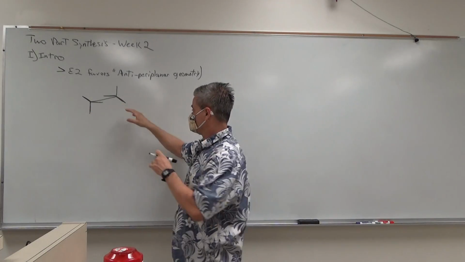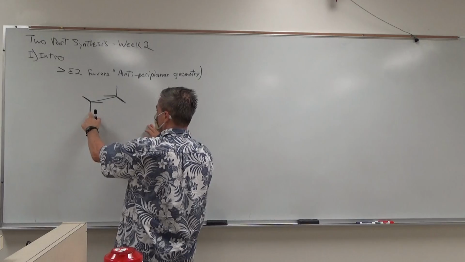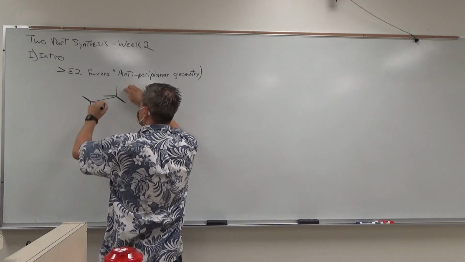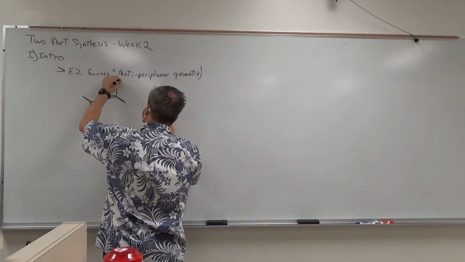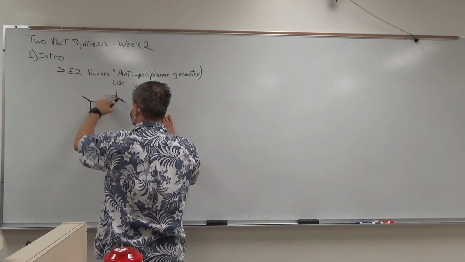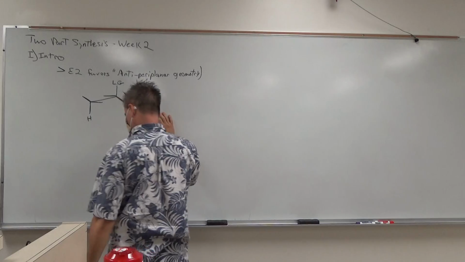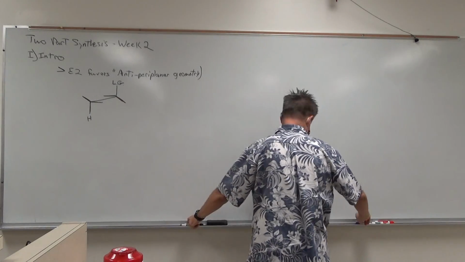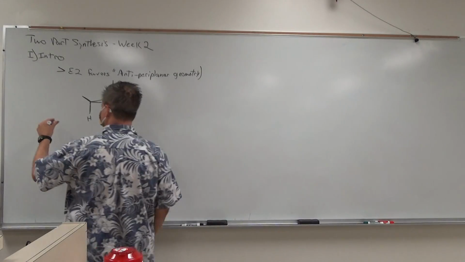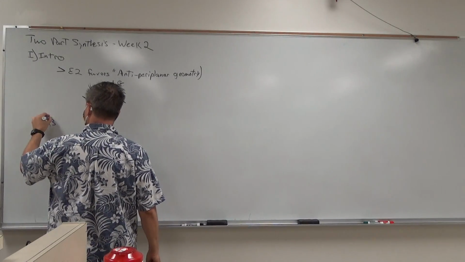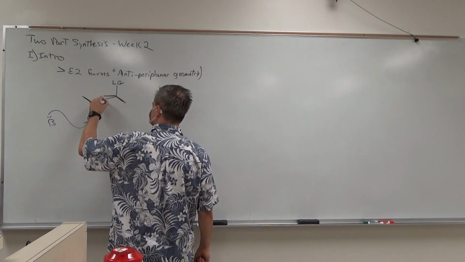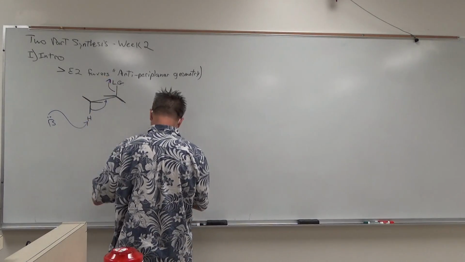Those are sticking out that way, and this one and this one are in the same plane. So what an E2 elimination wants is the leaving group in the same plane as the proton. And now the base comes along, these electrons slam down, and the leaving group leaves.